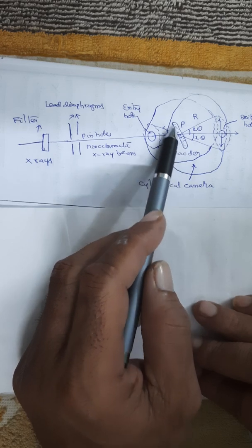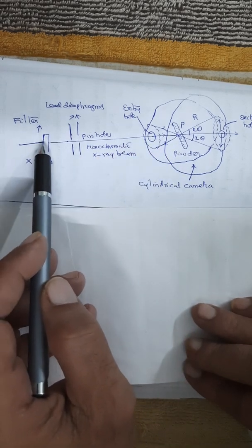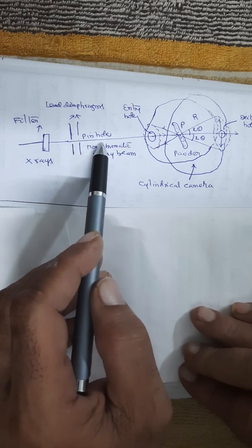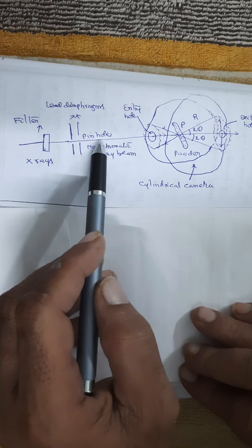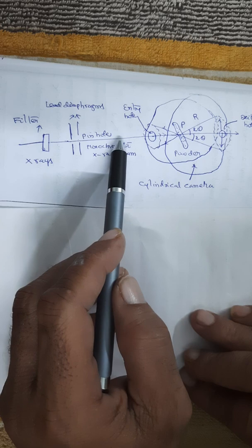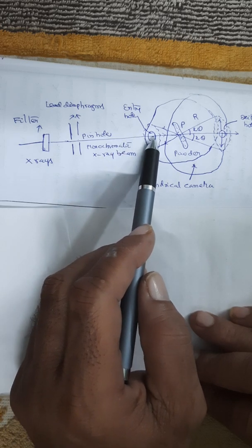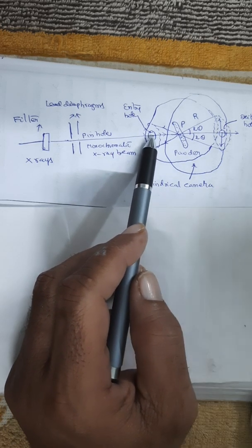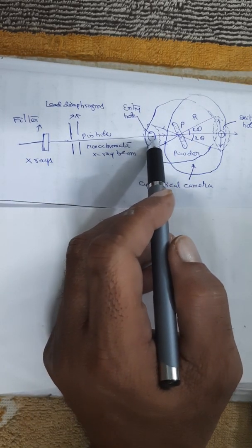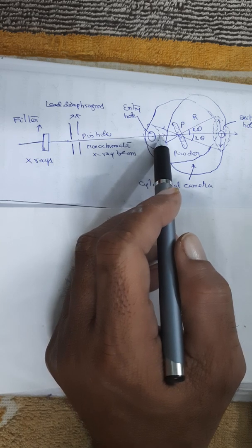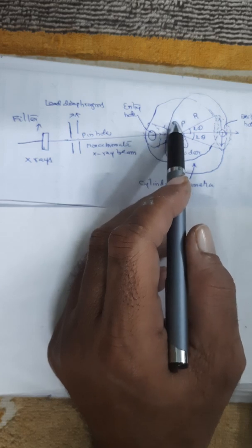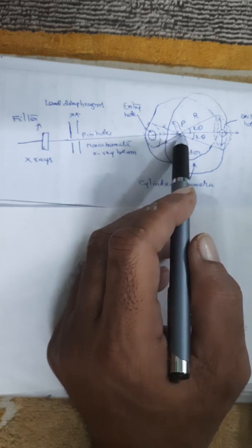The incident X-rays, after passing through the filter and the pinholes of the lead diaphragms, produce a fine beam of monochromatic X-rays. The fine beam, after passing through the entry hole at the entrance of the camera, falls on the capillary tube P. P is the capillary tube here. It contains the powdered form of crystals.